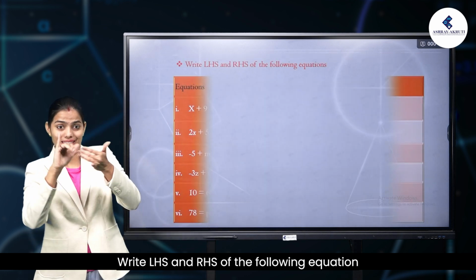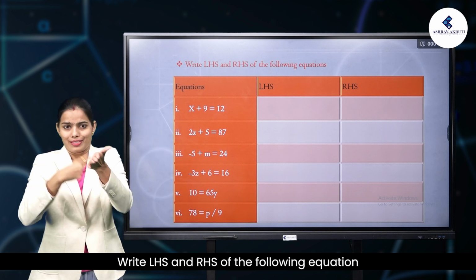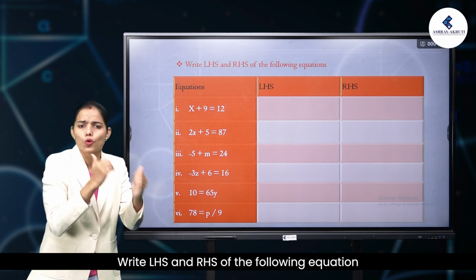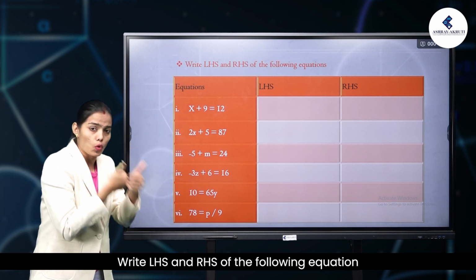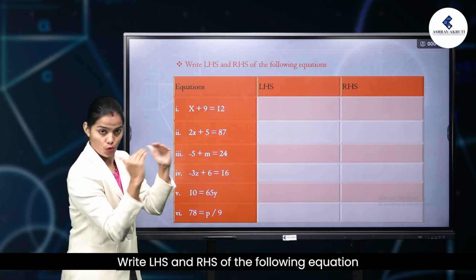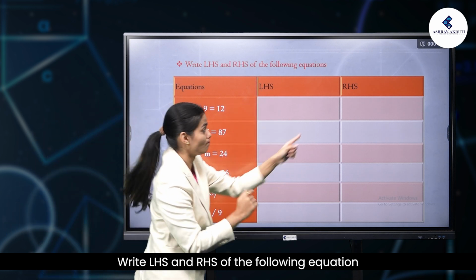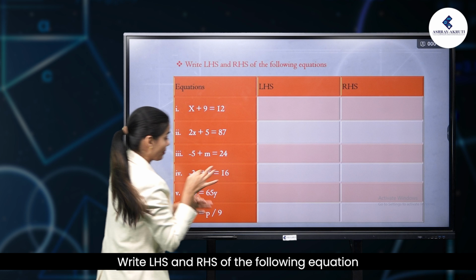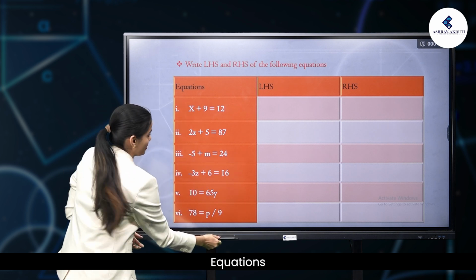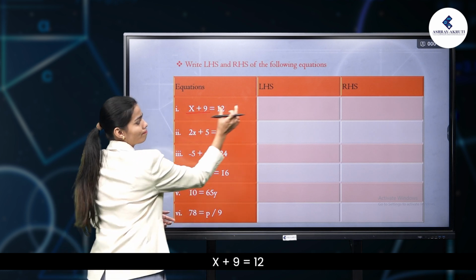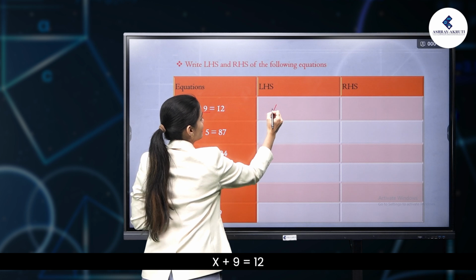Write LHS and RHS of the following equations. x plus 9 is equal to 12.